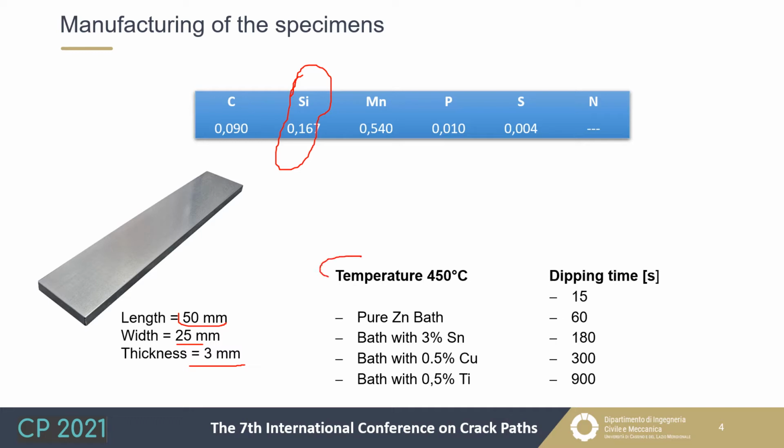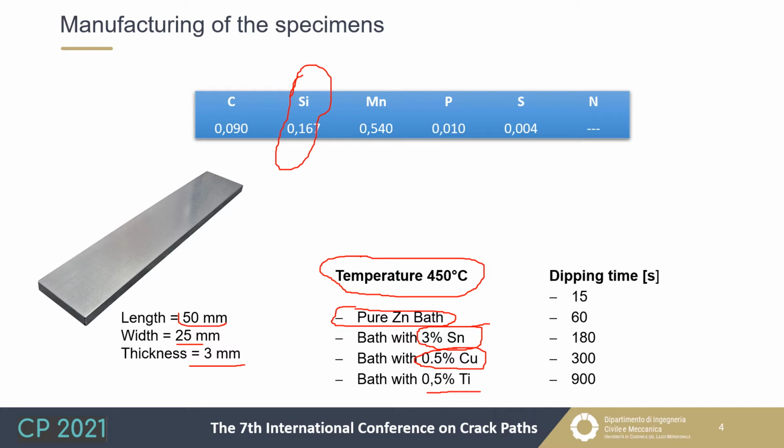The baths are prepared at a temperature of 450 degrees Celsius, and are characterized by a pure zinc bath chemical composition, and the others used are characterized by 3% of tin, or 0.5% of copper, and 0.5% of titanium.